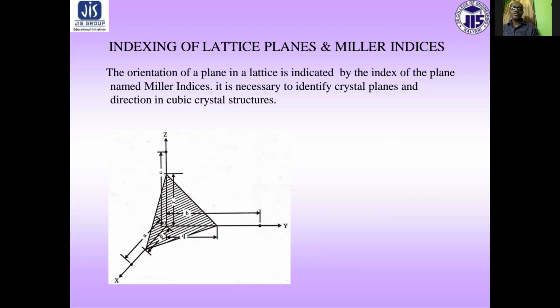For example, the plane (111) is read as one-one-one. Negative indices are written with a bar over the number.